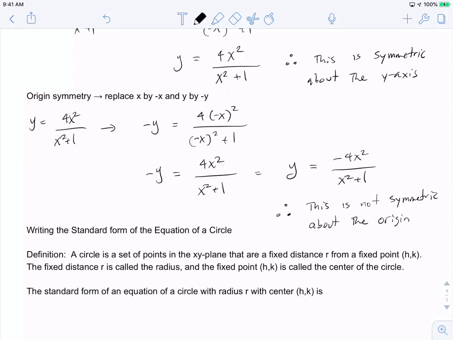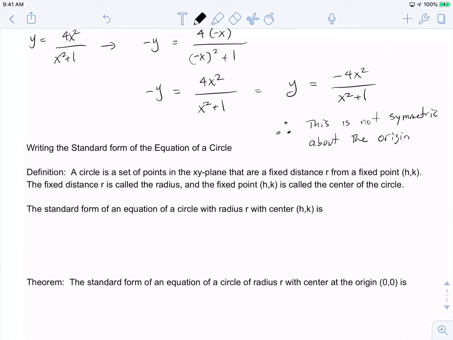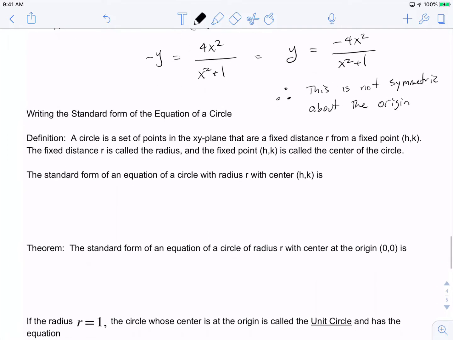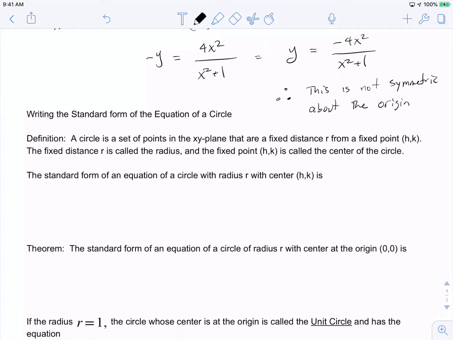Alright. Now we're going to talk about circles a little bit. And so when we write a circle in standard form, first of all, I want to give you a definition, and that definition is that a circle is a set of points in the xy plane that are a fixed distance r from a fixed point (h, k).